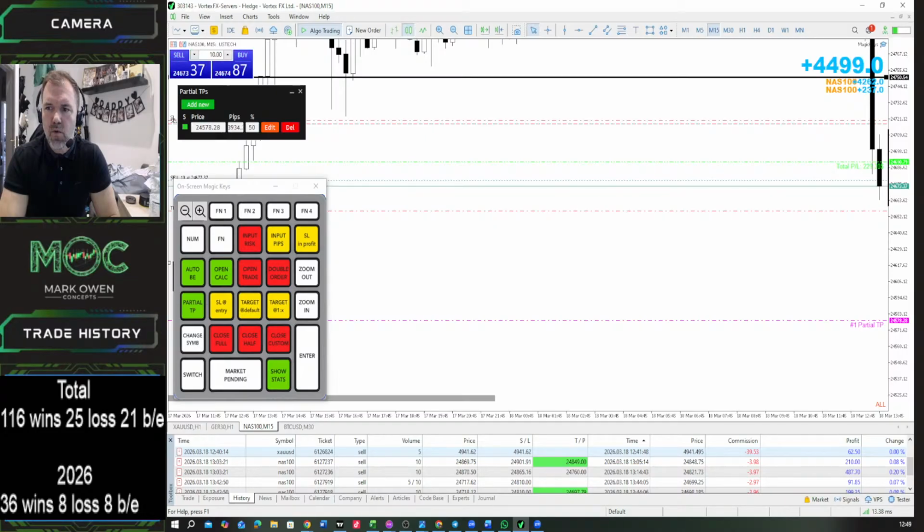Now I only put in 10 units on this one because it's an add-in as opposed to doing 2 or 3. So whenever I do an add-in, I always like to do it at reduced risk because your entry price is going to be effectively further away from your original start point.